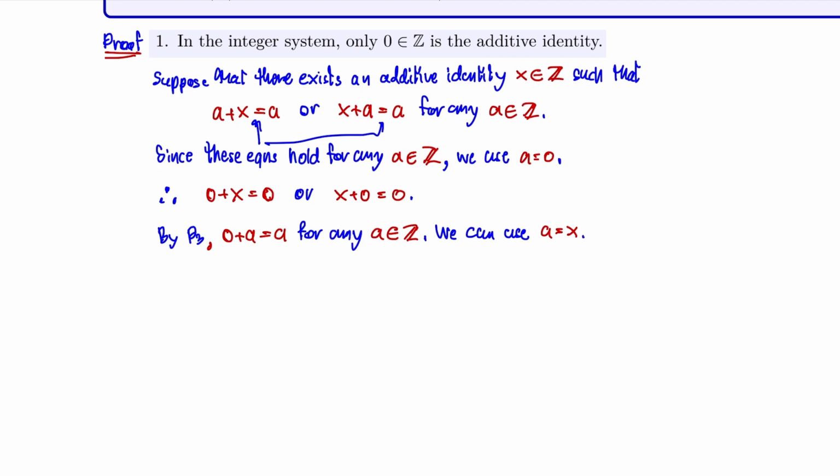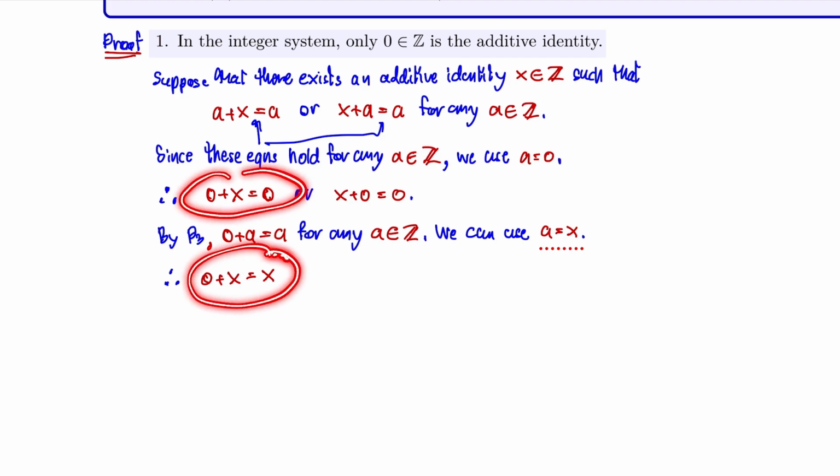Then we're gonna have 0 plus x equals x. And then from this one and this one, it will imply that x equals 0.